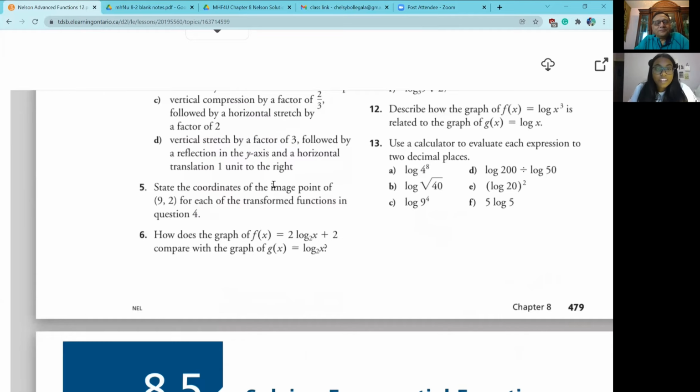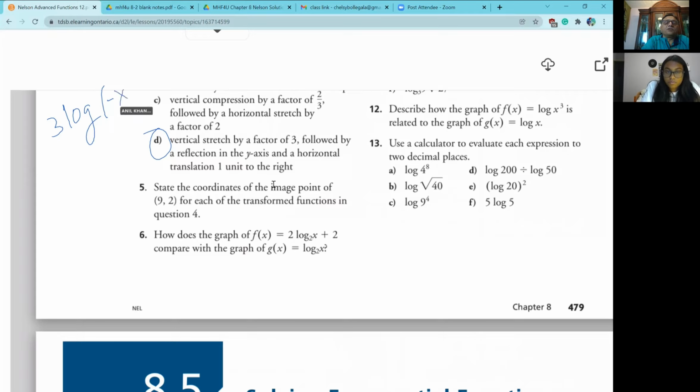Number 5, state the coordinates of the image point of (9, 2) for each of the transformed functions in question 4. Okay, let's do D and then we'll do it, correct? So yeah, D, let's write down the equation. Vertical stretch by a factor of 3. So 3 log, followed by a reflection in the y-axis. So y-axis means minus here. And a horizontal translation of 1 unit to the right.